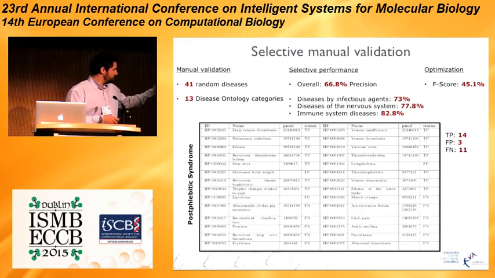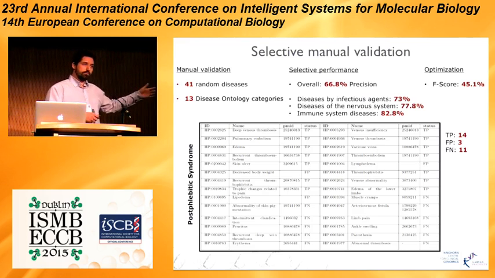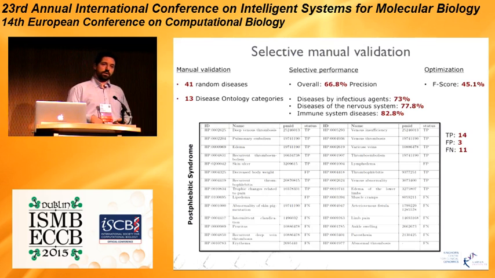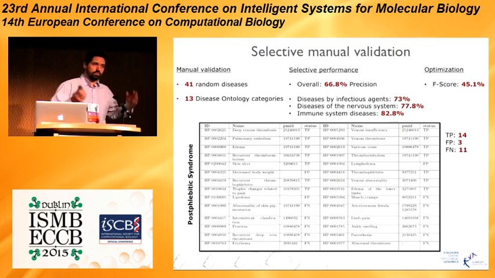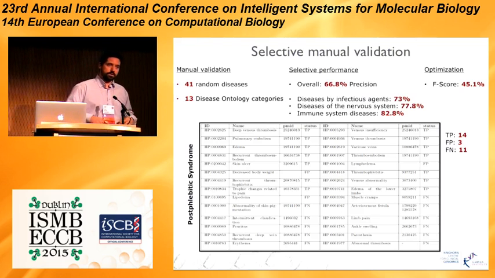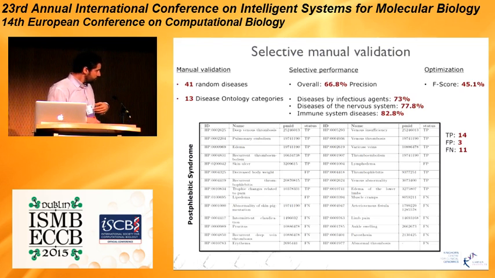What we did then was to use this manual validation process to learn the parameters of the ranking and filtering algorithm, in order to maximize one of the three components of the efficiency score. We went for F-score in order to have a proper balance between precision and recall.